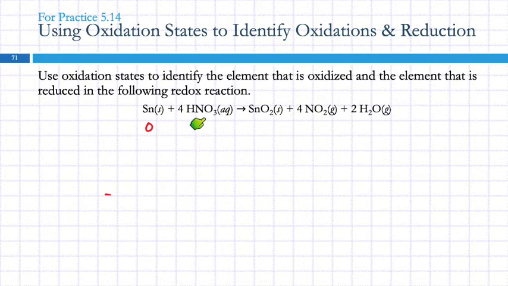Here we have nitric acid, HNO3, all nonmetals, so fluorine, hydrogen, oxygen. So no fluorine, but there's hydrogen. What does hydrogen choose to be? +1. And next in the list is oxygen, and oxygen chooses to be -2.